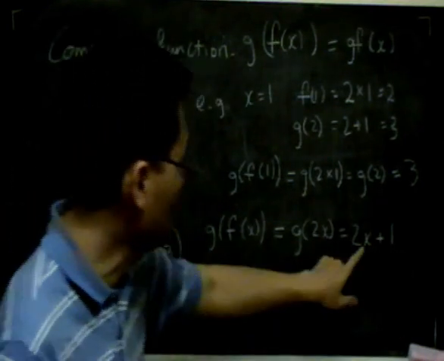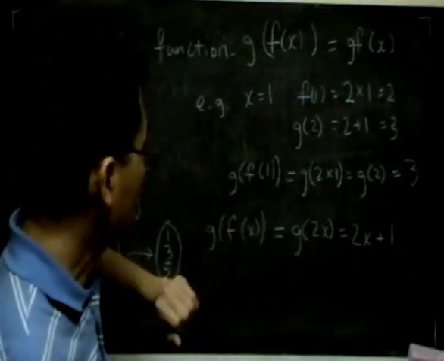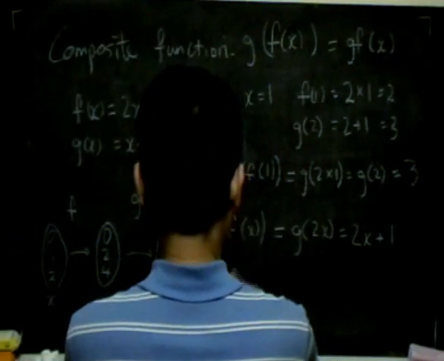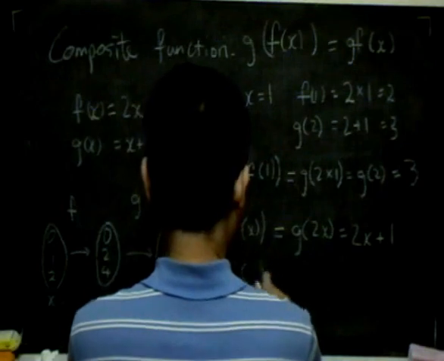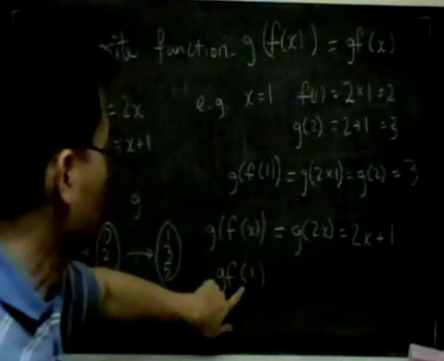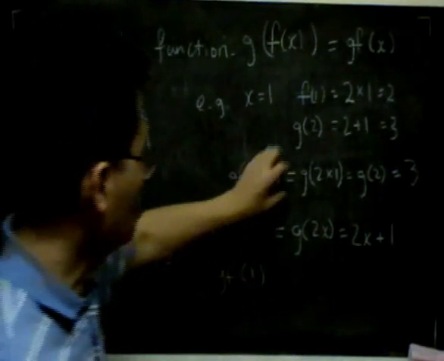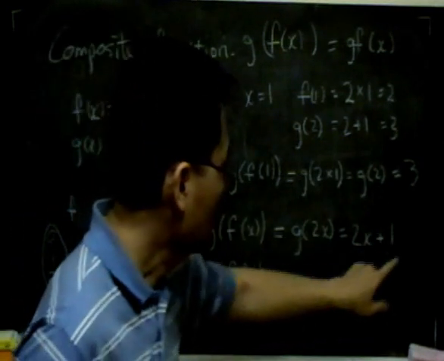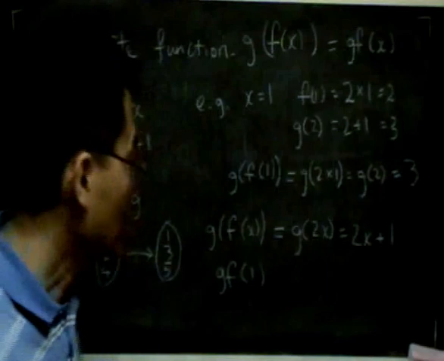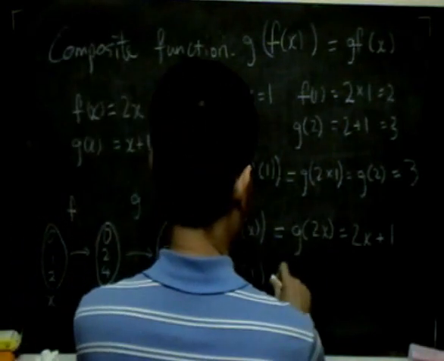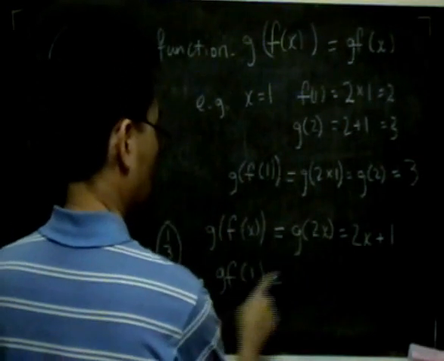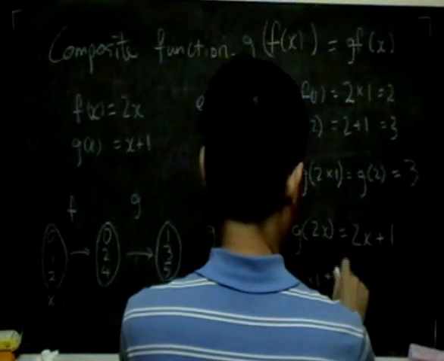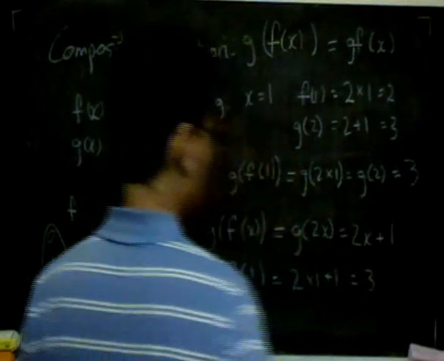And I can actually use this to do this calculation. So for example, if I want to find gf of 1, which is the same as that, instead of doing it in two steps like this, I can use this formula directly and say that this is equal to, substituting 1 into the x there, 2 times 1 plus 1, which is 3.